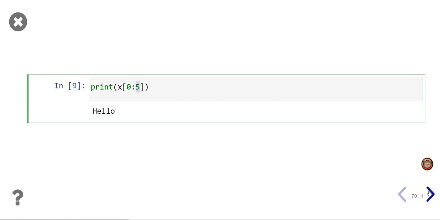Any questions up to this point? Can we use negative indexing here? Yes, we can. We will also do some negative indexing.